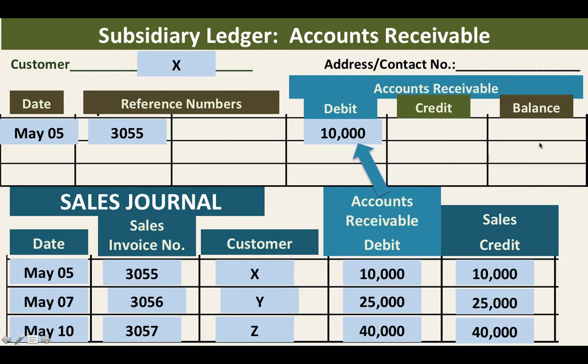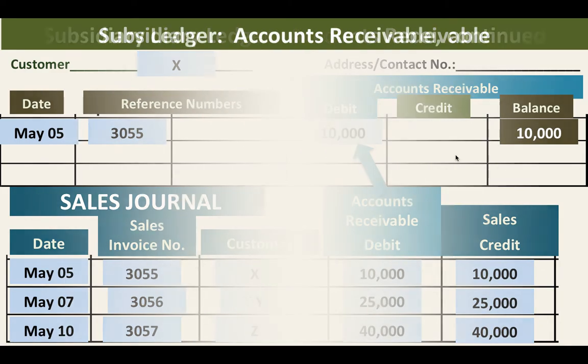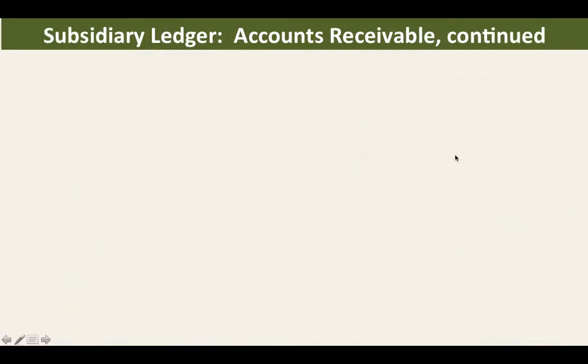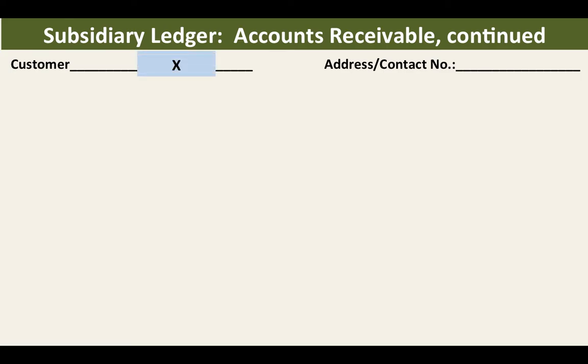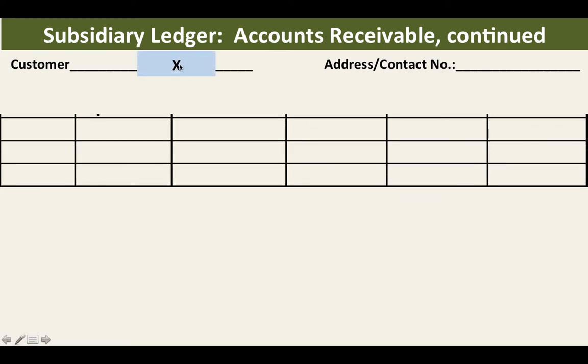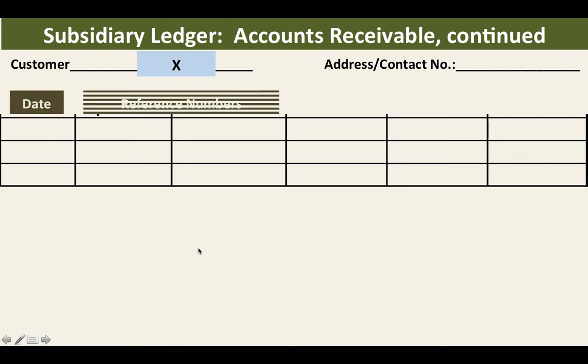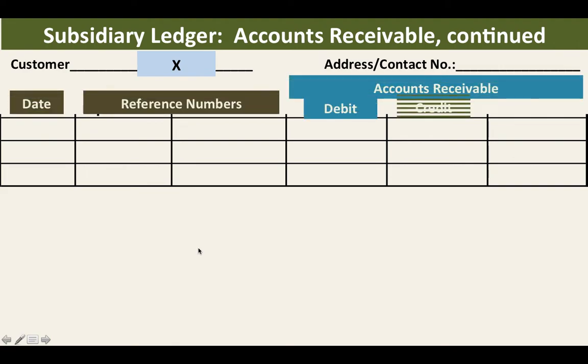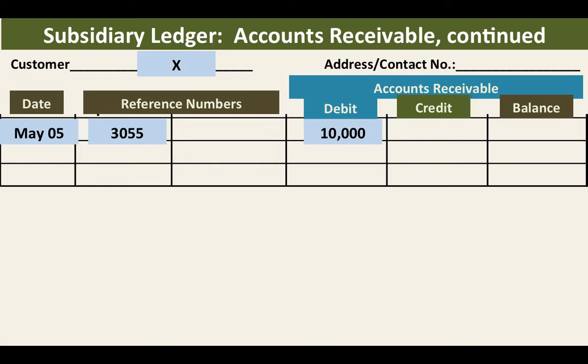Okay? So the balance now is 10,000. Okay, class? So now, the other reference for accounts receivable subsidiary ledger is, let's again extract the subsidiary ledger of customer X, and this is the format of our subsidiary ledger, and this is what we have recorded.